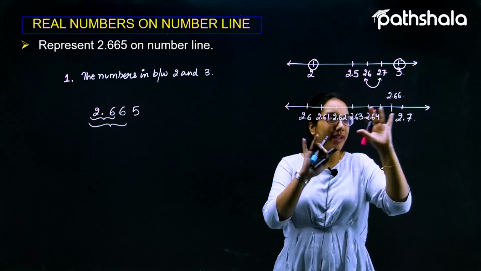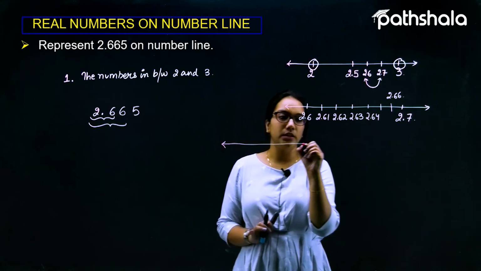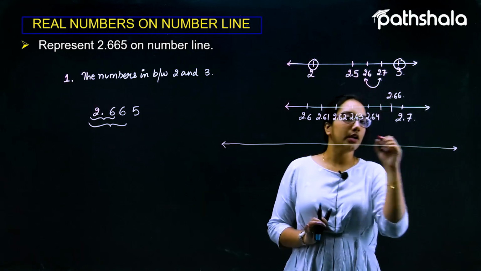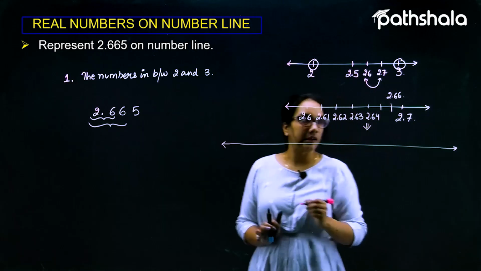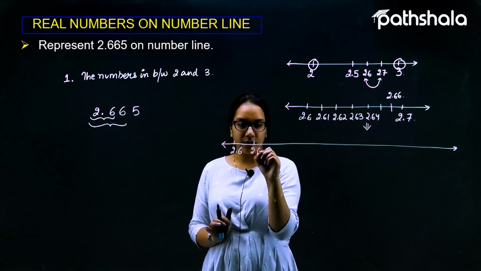Let us suppose I'm magnifying it a little more. So let us suppose this is 2.6. This number would definitely be 2.61.